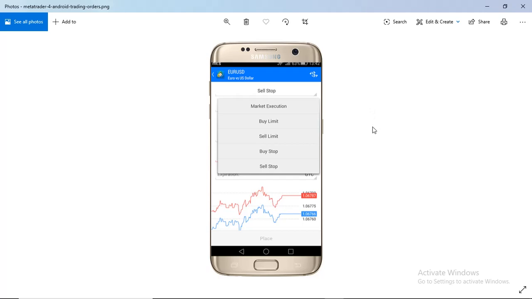The price is not at where you are, so your price is lower down, and you probably think that once the price gets to that low level, it's going to hit your level and turn back to start buying. That is a buy limit.